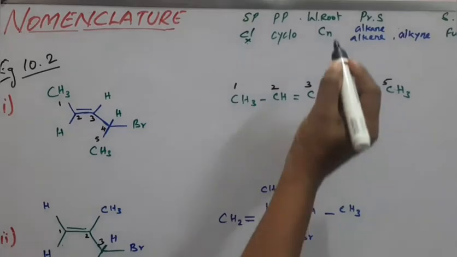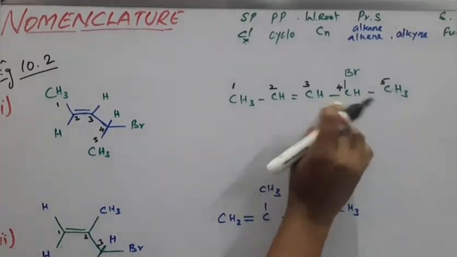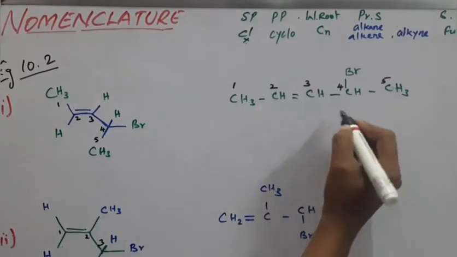After that, the same systematic rule: the root word is 5 carbons, all connected by single bonds, so pent.